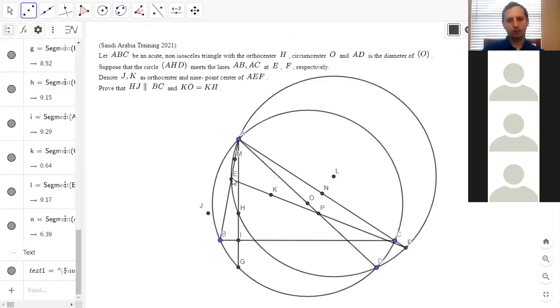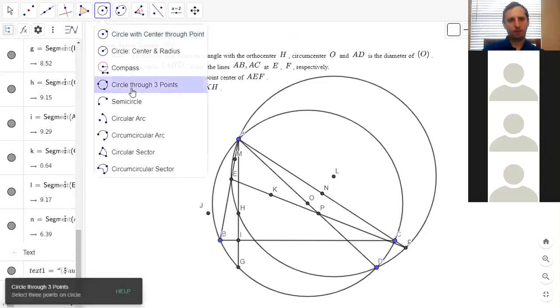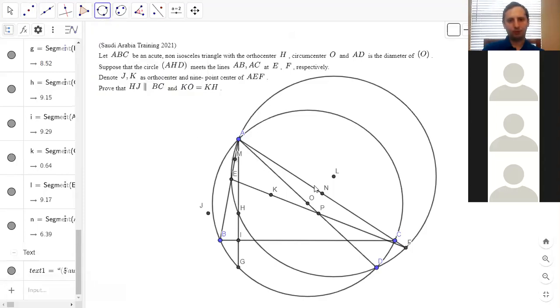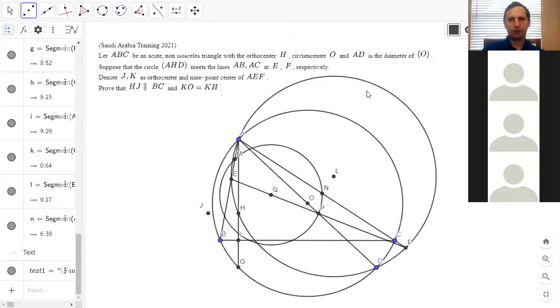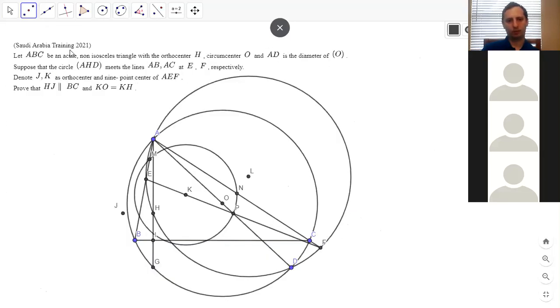Wait, okay, so now it looks like P is a midpoint. This is weird. Yeah, interesting. So the 9-point center lies on one of the sides of the 9-point circle. I don't know if I've seen that before.